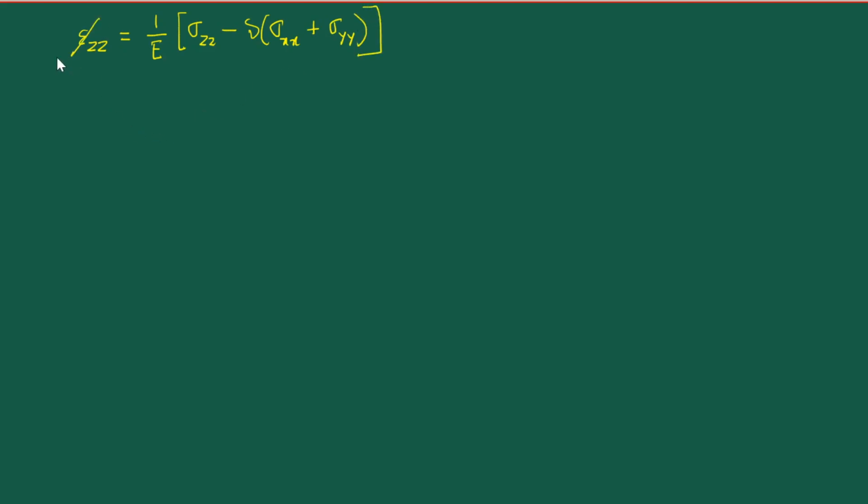So already in the previous page we have seen that this is 0. So what this is giving us is sigma zz is equal to nu times sigma xx plus sigma yy. Now in general, this sigma xx and sigma yy are not going to be 0, which means that this sigma zz is certainly not going to be 0 also. So sigma zz is not 0 in general.